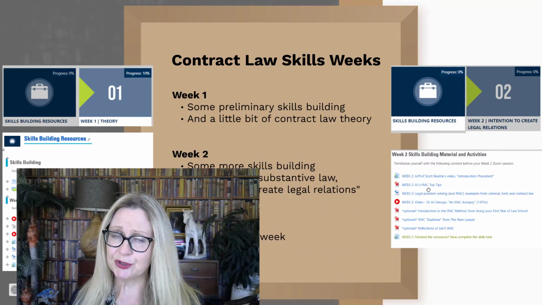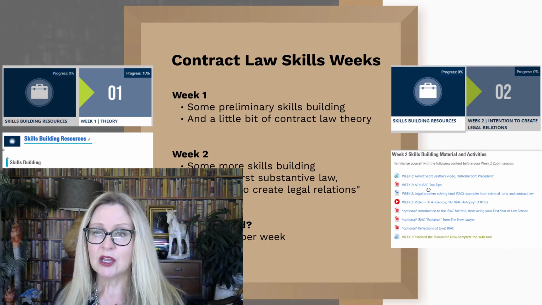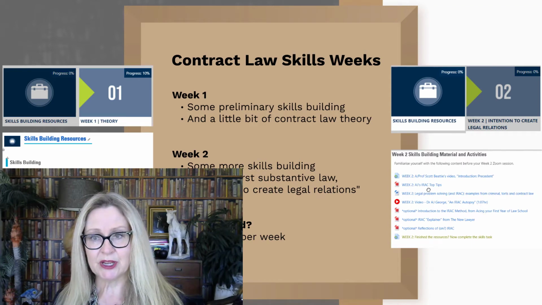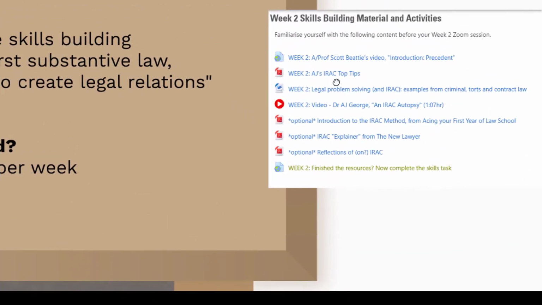In terms of week 2, more of the same. You'll need to do some more skills building, and you'll see I've shown you what's underneath the second week's skills building tile there.